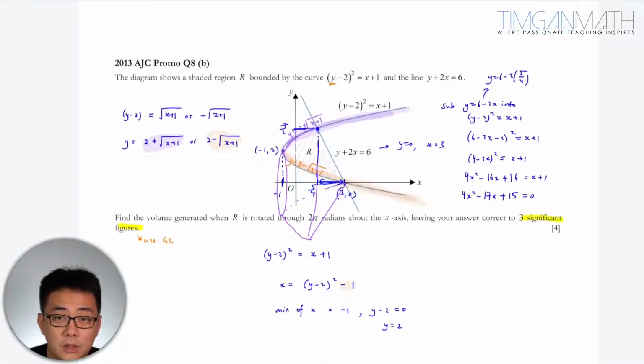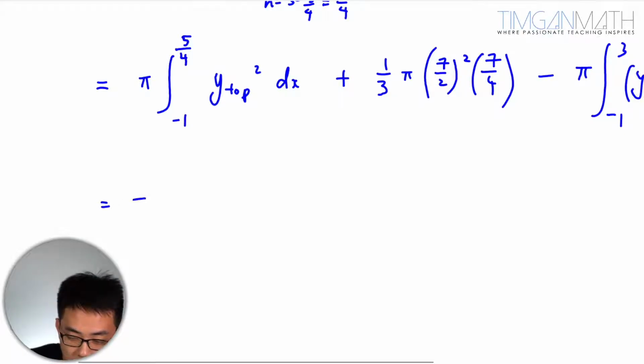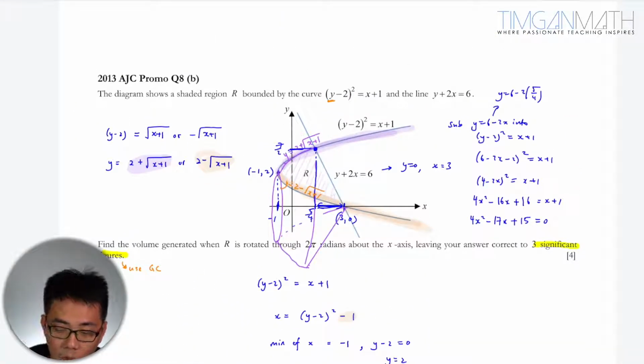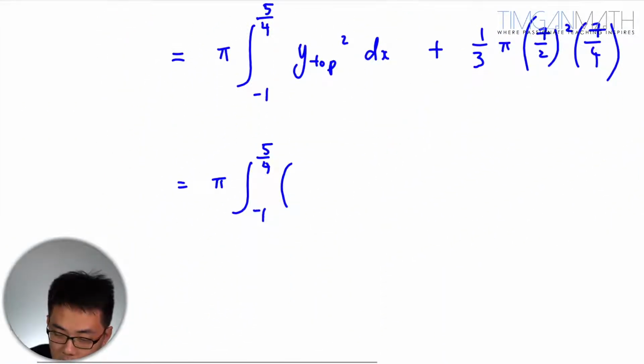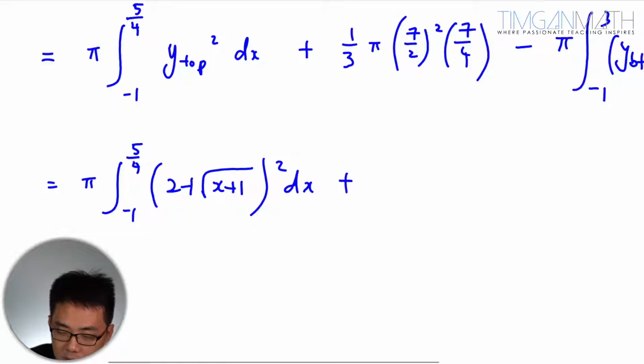Once done, we put everything on top. This will be equal to pi, negative 1 to 5 over 4, y top will be (2 plus root x plus 1) square dx. The bottom here, just key in calculator.